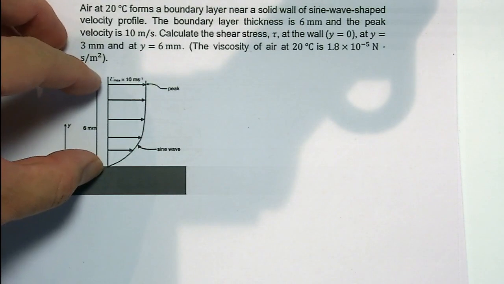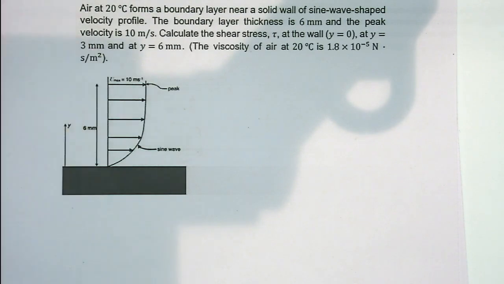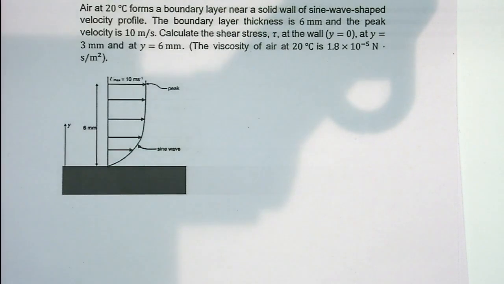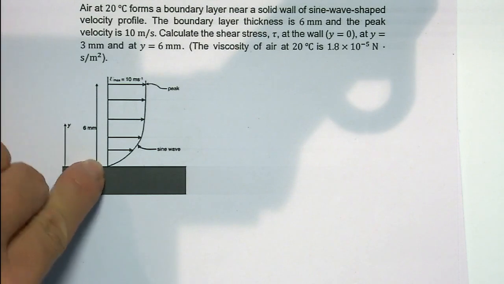This is the thickness of the boundary layer. And the peak velocity here is 10 meters per second. And it wants us to calculate the shear stress tau, firstly at the wall.